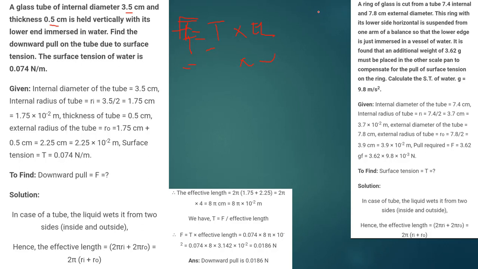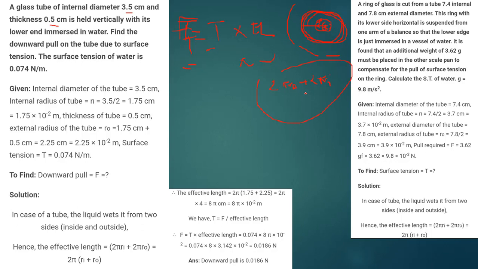Maana yake hii itakuwa ni glass tube ina internal diameter kama tulivyofanya kule, internal diameter na external diameter. So kuna huku nje kuna maji na ndani kuna nafasi maji yanaweza kaingia. So it means effective length ni 2 pi r ya huyu wa nje, 2 pi r external plus 2 pi r wa internal.